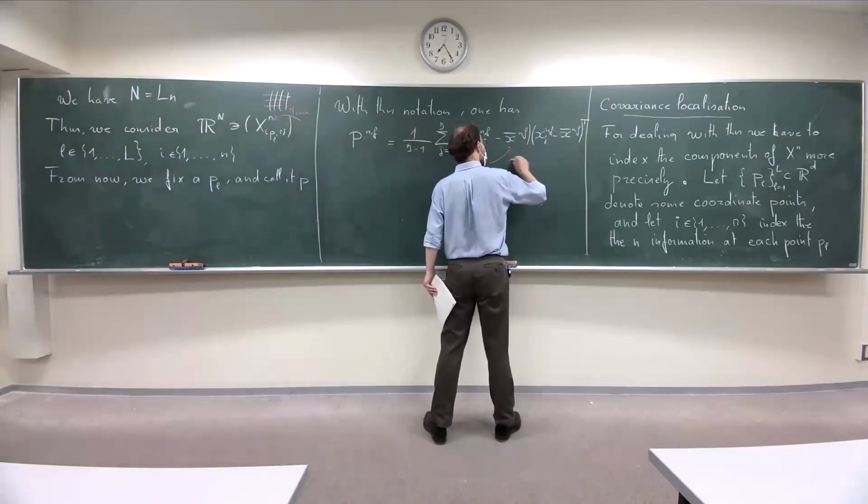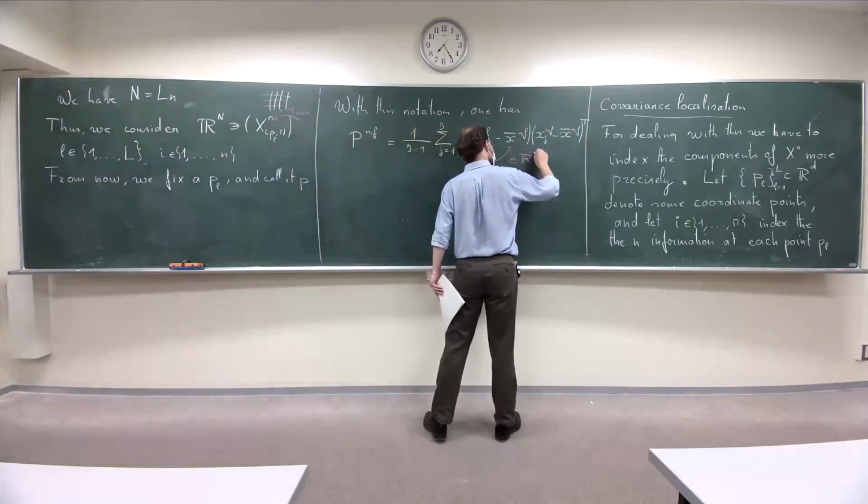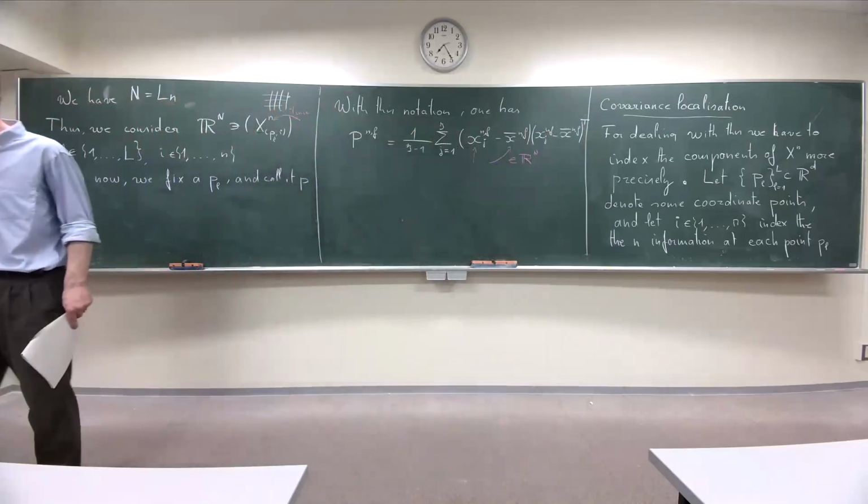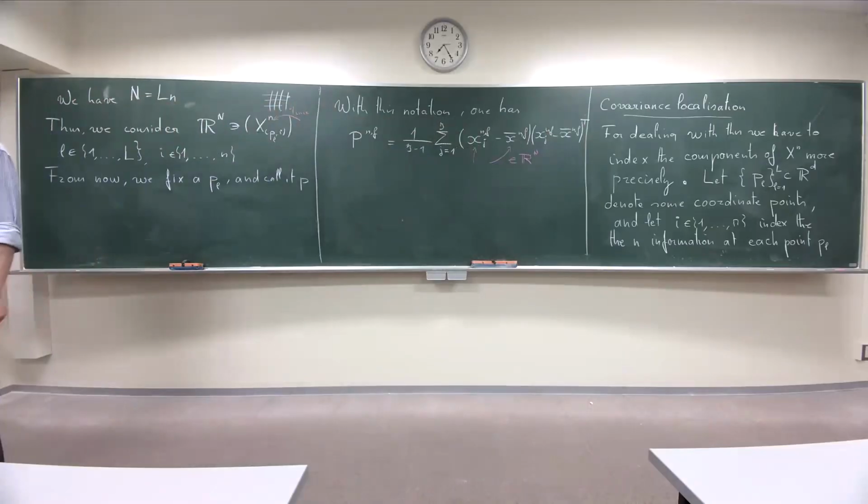These are vectors in R capital N. J is just an index for this family.